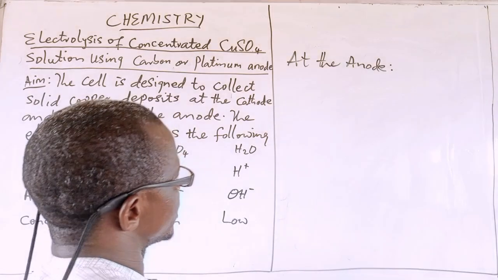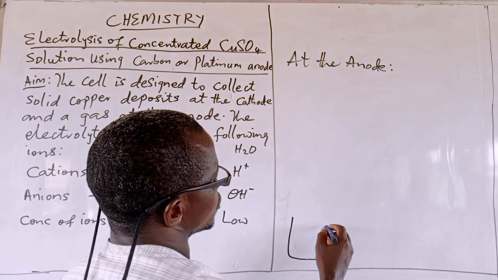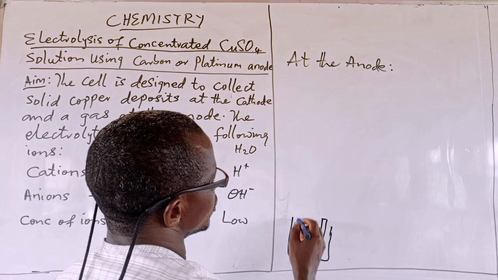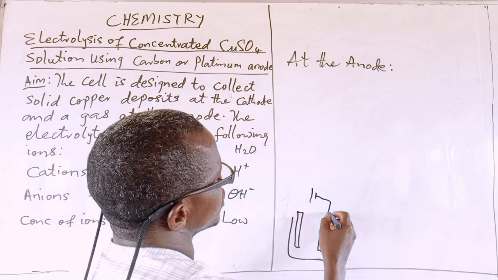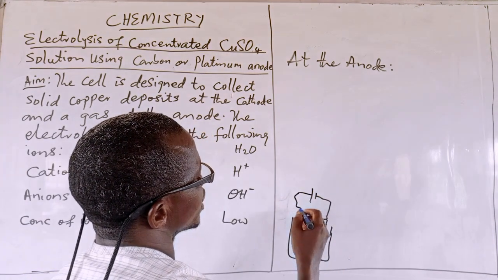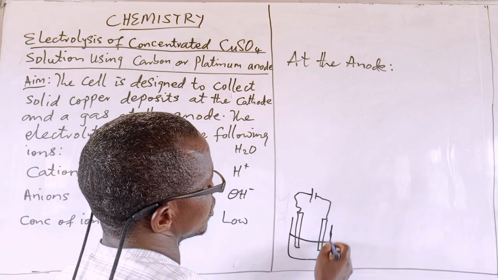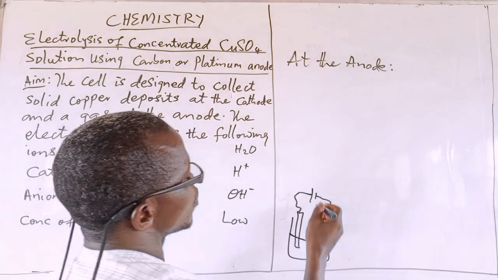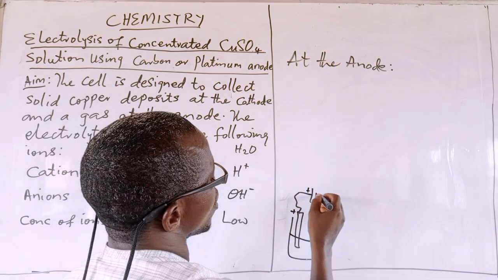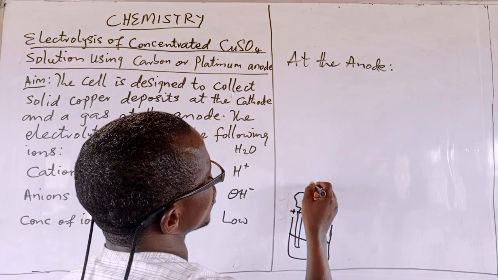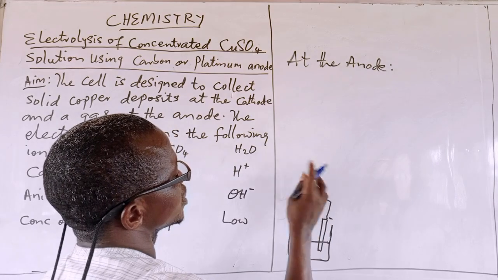What we are talking about is something like this. This is an electrode, this is another electrode, this is the wire connected to the electrode. This is your electrolyte. In it you have dipped the two electrodes. One is positive and one is negative. This is your battery source.